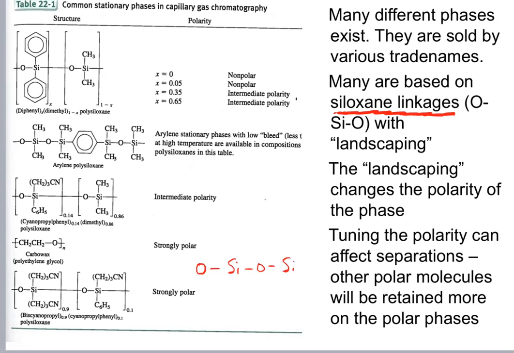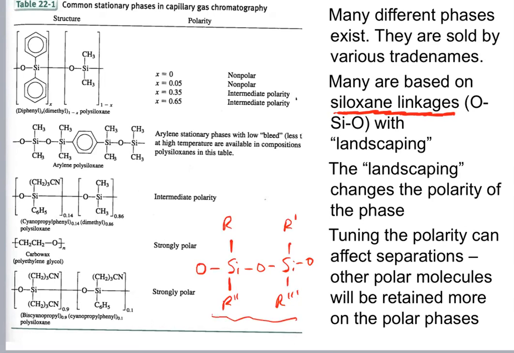But here's the thing, silicon, like carbon, can form more bonds. It can really form 4. So we can derivatize these silicons in a long chain with different groups, maybe R prime, R double prime, R triple prime. So we build these long chains of silicon and oxygen, and then we just bond other things to the silicons.